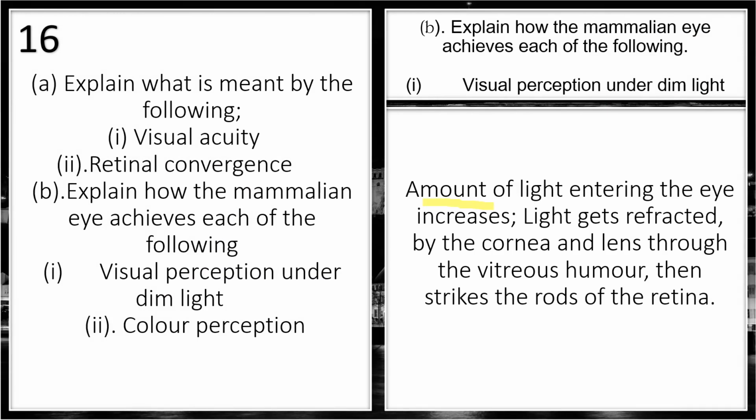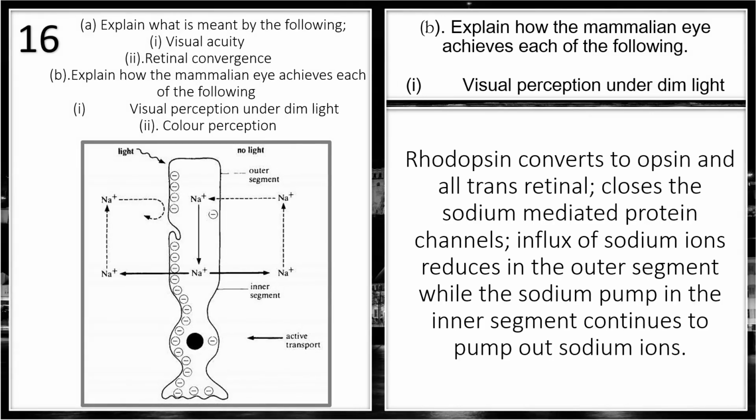So the amount of light entering the eye increases. The light gets diffracted by the cornea and the lens through the vitreous humor, and it strikes the rods of the retina. The rhodopsin converts to opsin and all-trans retinol.